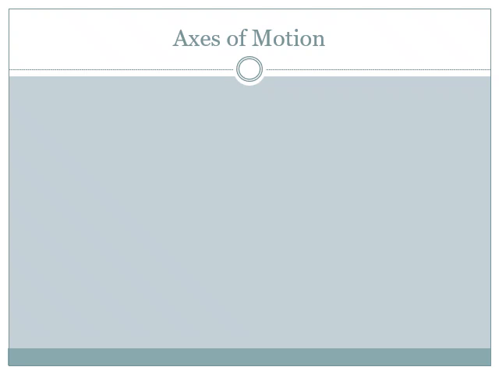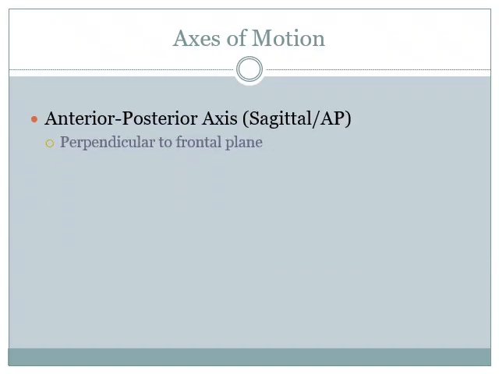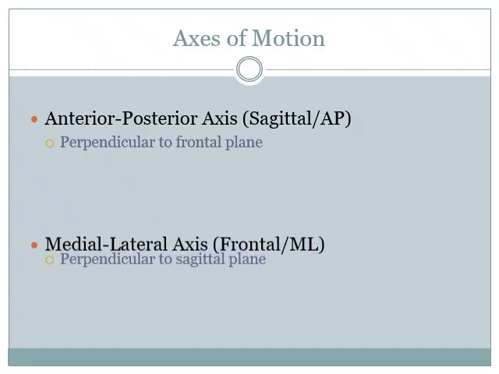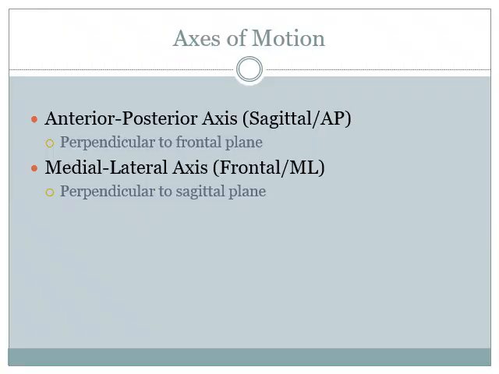If we look at the axes of motion, they go perpendicular to the planes. You have the anterior posterior axis, also known as the sagittal axis, which runs perpendicular to the frontal plane. You have the medial lateral axis, which runs perpendicular to the sagittal plane. It's also known as the frontal axis, so make sure you're familiar with both terms.